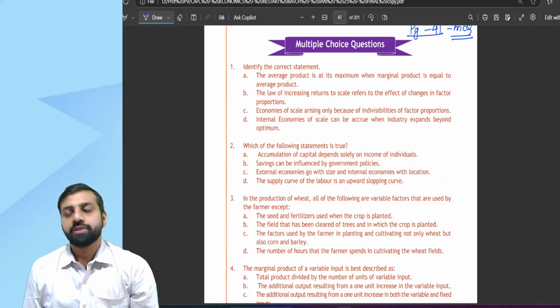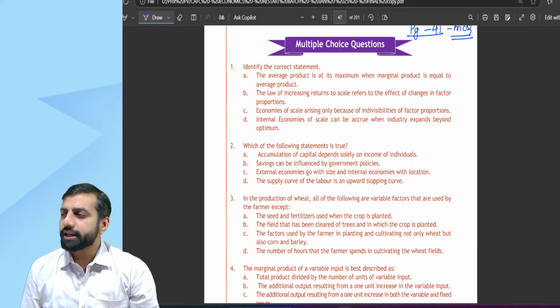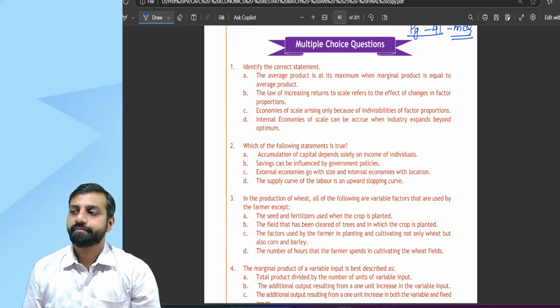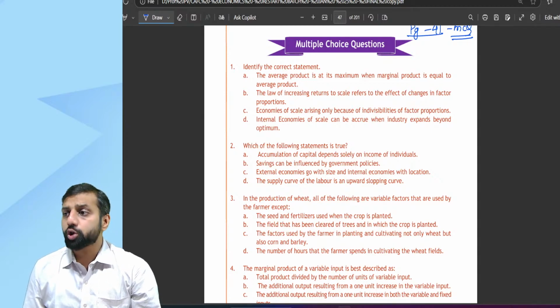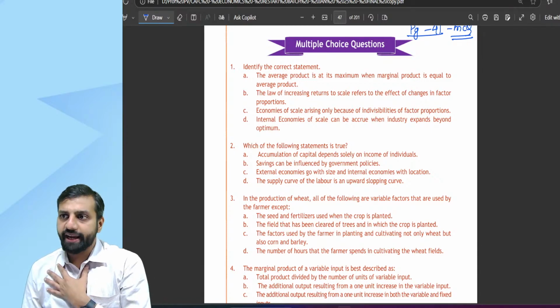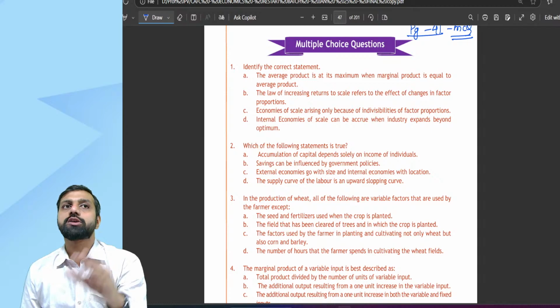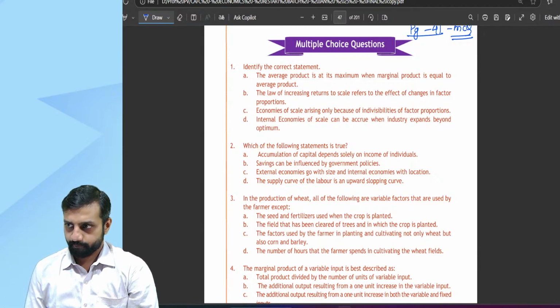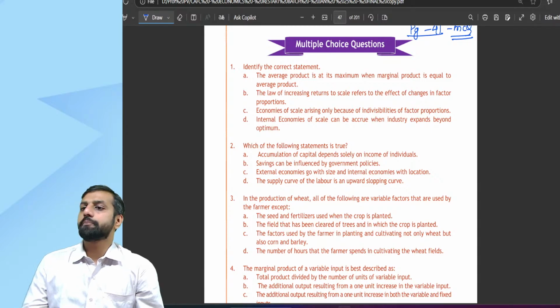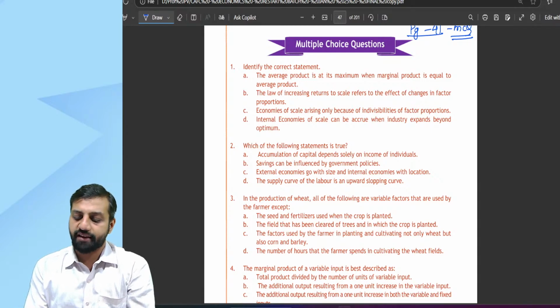Nandini, Surya, do let me know if I have to explain any of the concepts again, or any other concept which you want me to explain, because from my end, I have covered all the important topics of theory of production and cost. But there might be a possibility that you may still have a doubt.